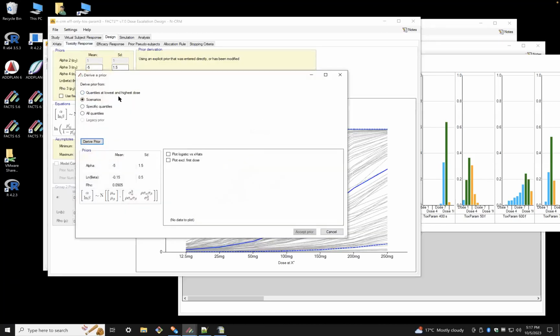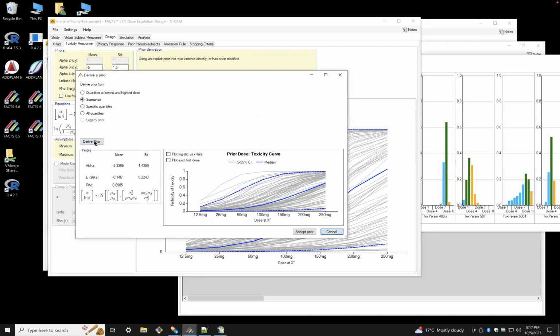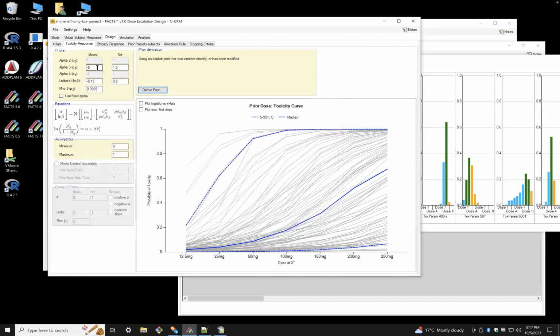If I derive the prior from the scenarios, I get values like, for alpha, -5 as the mean and 1.4 as the standard deviation. So I just go with -5 and 1.5.